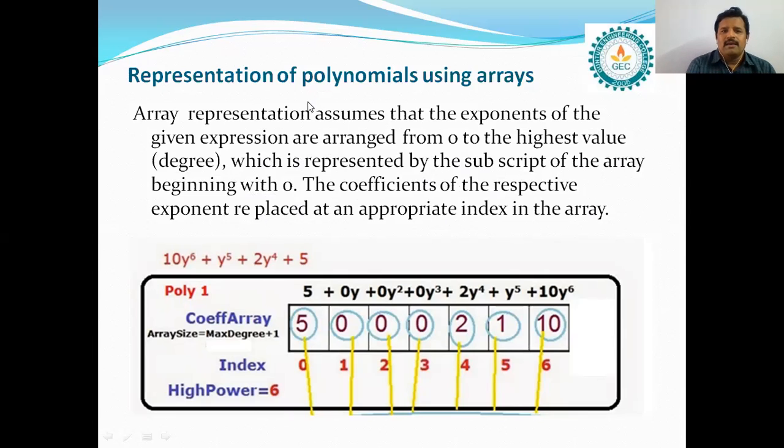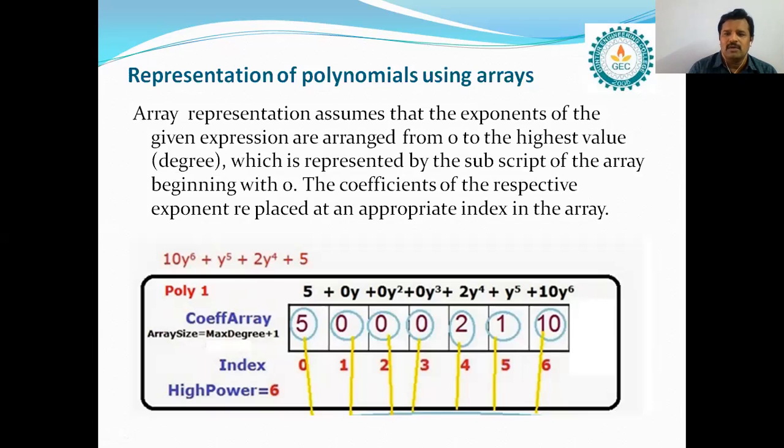See, this is the array representation of the polynomial, right? An array representation assumes that the exponents of the given expression are arranged from 0 to the highest value. This is the given expression: 10 y power 6 plus y power 5 plus 2 y power 4 plus 5. So here the coefficients are 10, 1, 2, 5. We can arrange all these coefficients in the array.